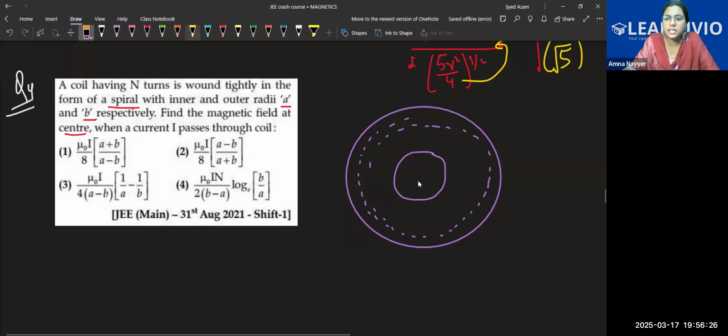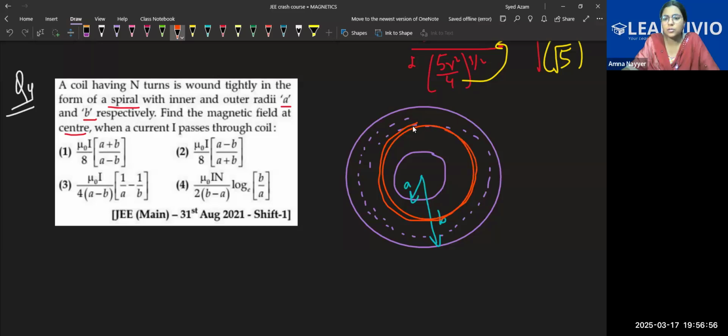And it has mentioned inner radius is A and the outer radius is B. Now, what we do, we have no information regarding anything else. So we take a very thin portion from this. Like this, suppose this is a small portion, a very, very small portion I have taken.